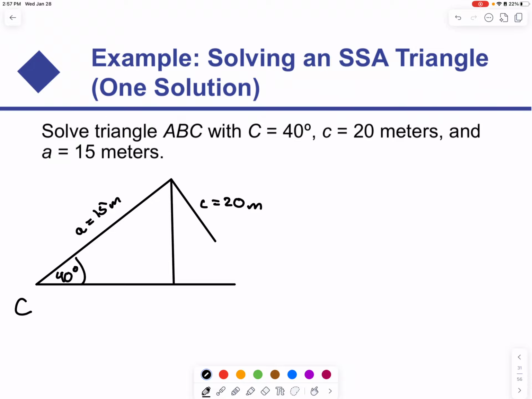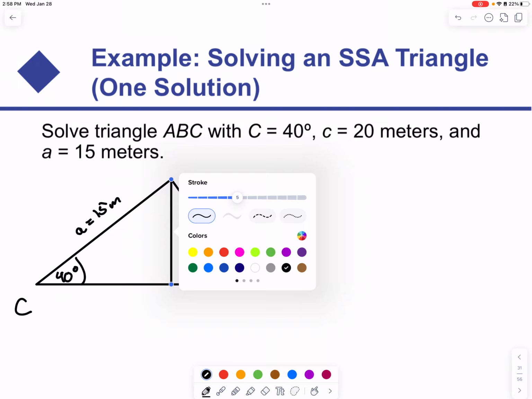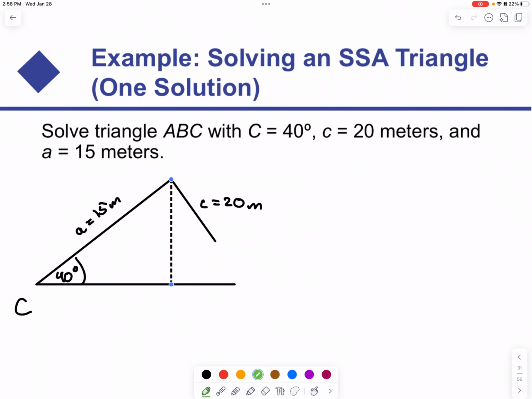Now we could do the sine thing like they did it, but this is just how I do it. Let me do this real quick. Boom, boom, boom, style dashed. Okay, and we need to find our h.